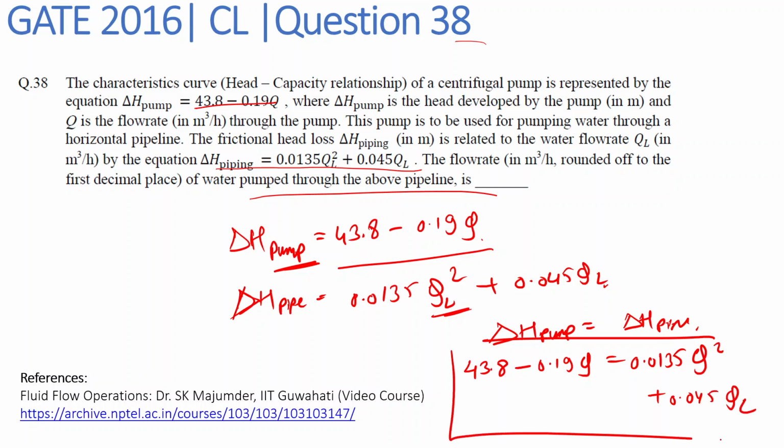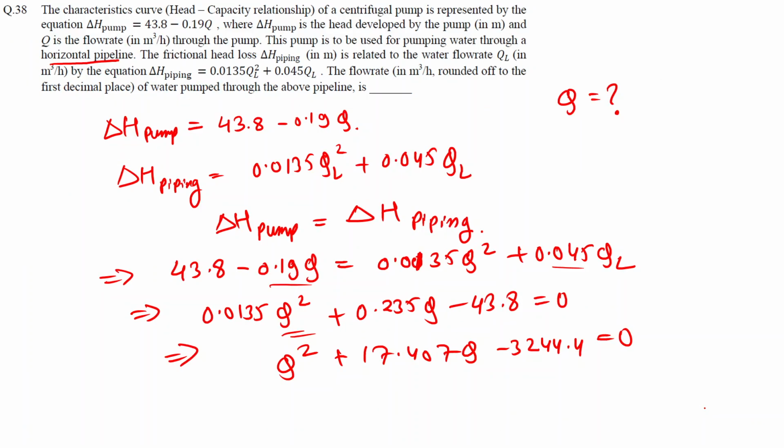So over here we are having this simple quadratic equation that we can simplify further as shown in this solution. So we are equating both of these, the head of the pump and the piping losses, the head loss due to friction, and then we are having this quadratic equation.